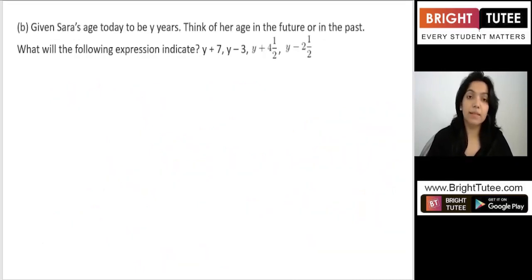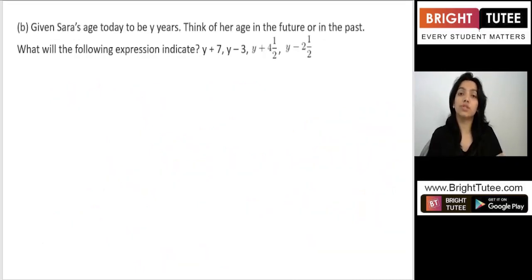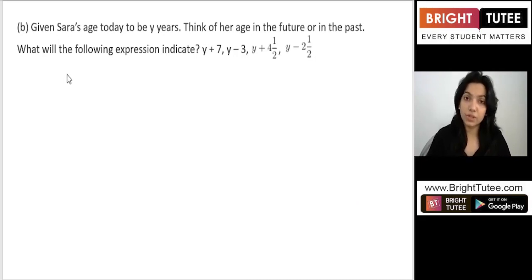Now let's see the B part. Given Sarah's age today is Y years, think of her age in future or in the past. Okay, we are given some expressions. So what these following expressions indicate we need to find. So if her present age is Y, what do you mean by Y plus 7?